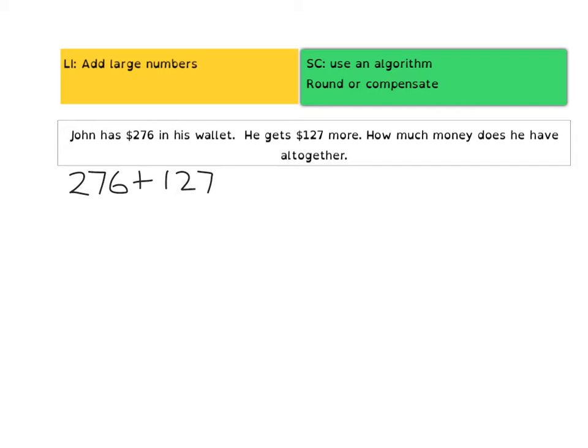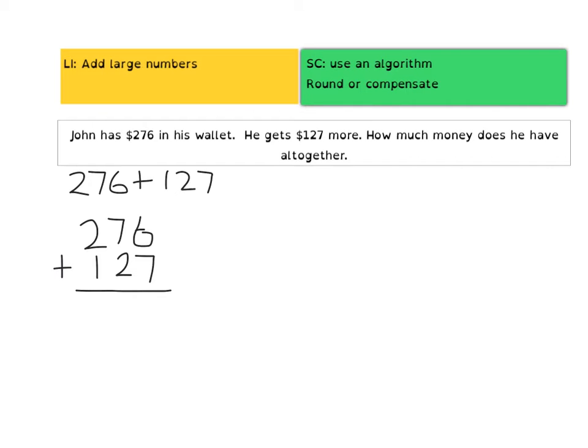When I use an algorithm, I set the problem out like this: 276 plus 127. As you can see, they're in their place values. This is the ones place value, the tens place value, the hundreds place value.